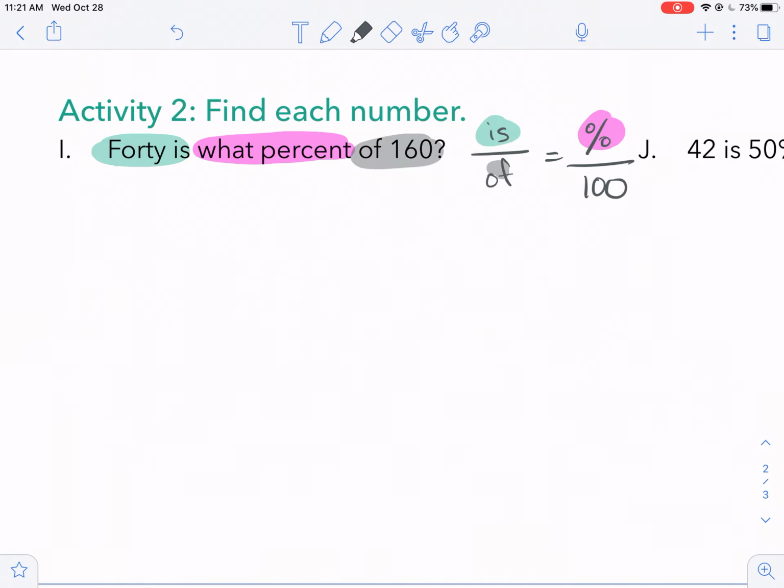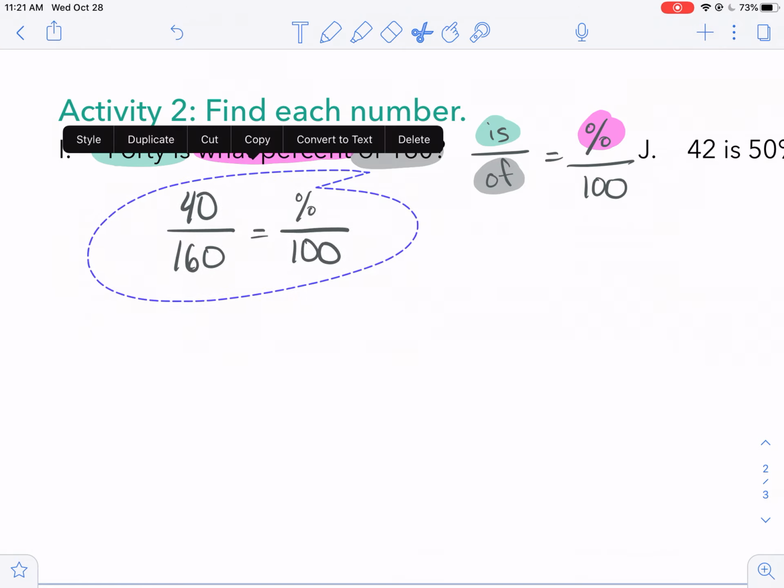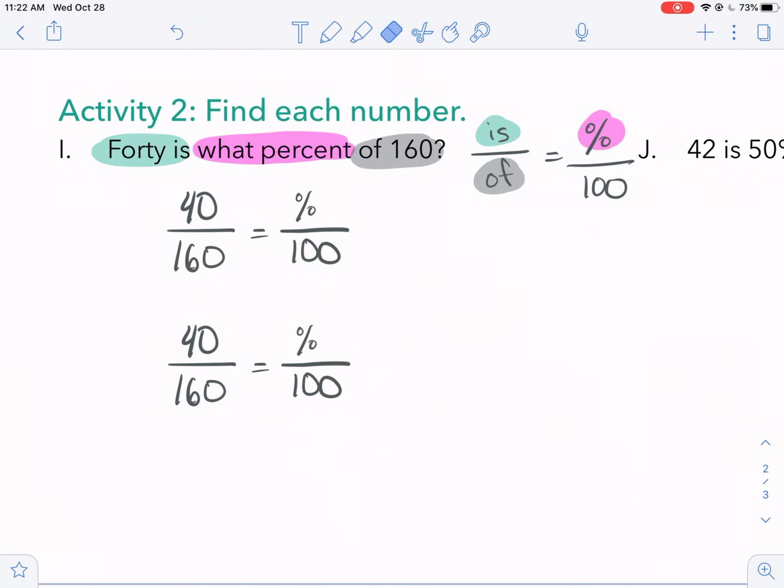So we'll say 40 over 160 equals some percent over 100. Now, since we don't know what the percent is, let's just substitute P for it real quick.